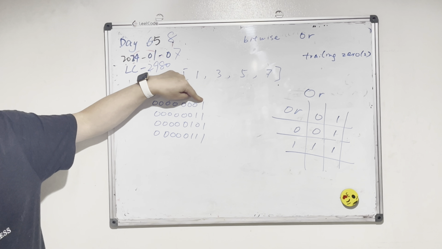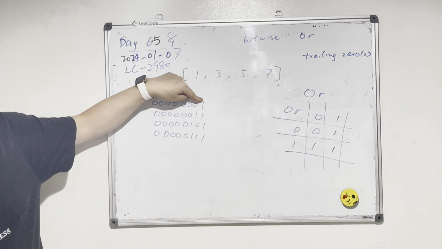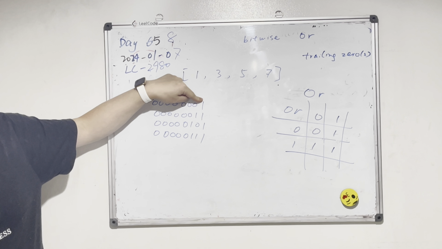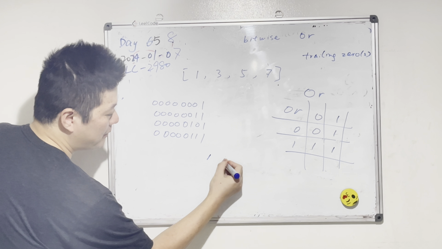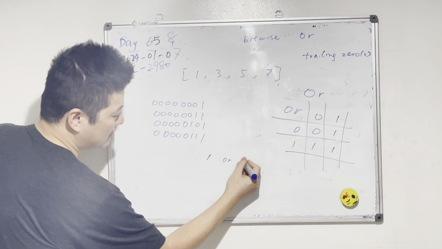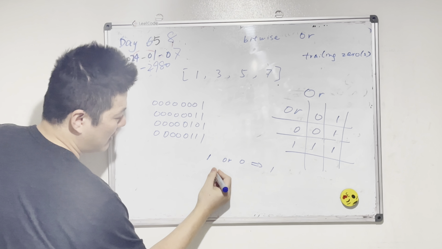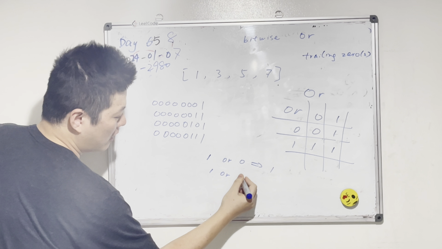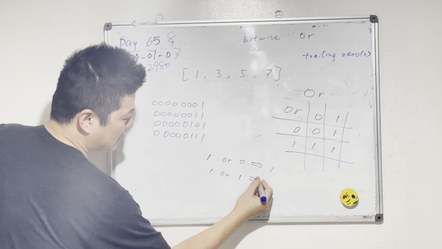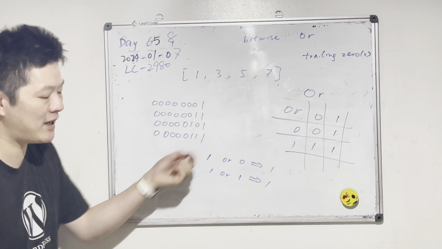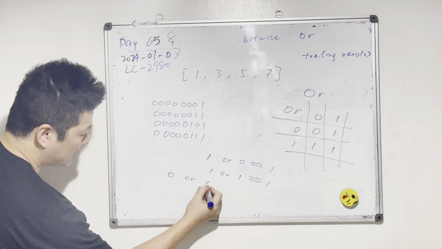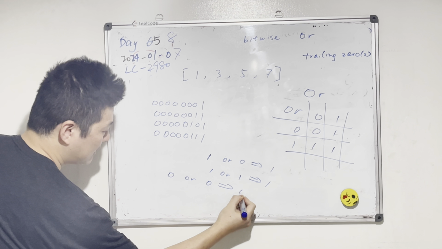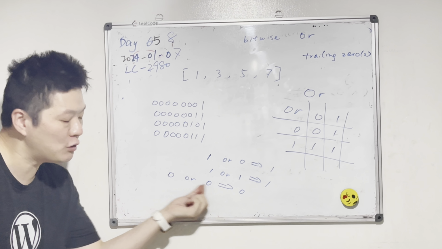If one of the numbers is odd, then when it performs a bitwise OR with another number, the result doesn't have a trailing zero, because 1 OR anything is 1. The only case with a trailing zero is 0 OR 0 becoming 0. So it has to be two even numbers.